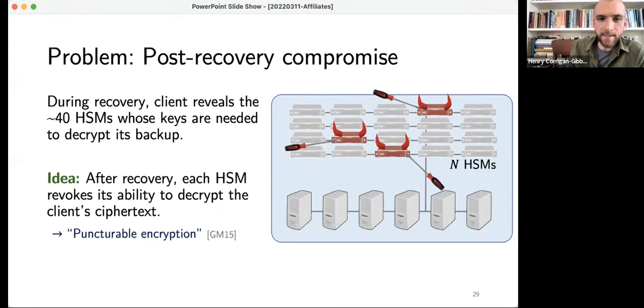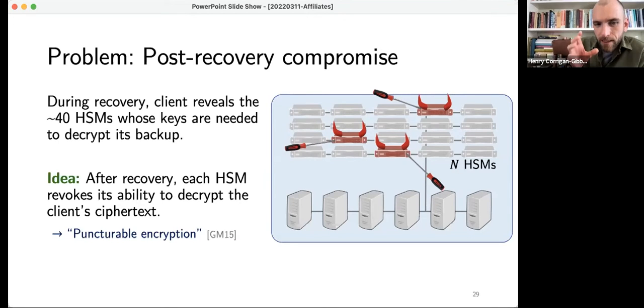The problem is that an attacker could observe that the client talked to those 3 HSMs, and then after recovery completes, the attacker could go in and extract the keys from those 3 HSMs. That would allow a pretty low cost attack that would recover the client's backed up data. To prevent that, our idea is that after recovery, each HSM revokes its ability to decrypt the client's ciphertext. So even if the attacker goes in after the fact and compromises the HSMs that the client talked to, the attacker learns basically no useful information that will help it decrypt the client's data.